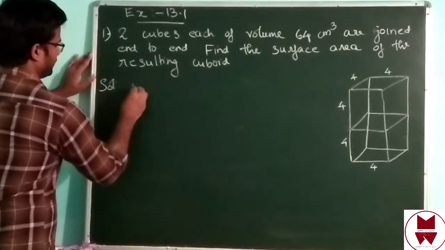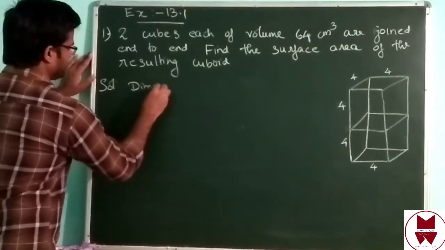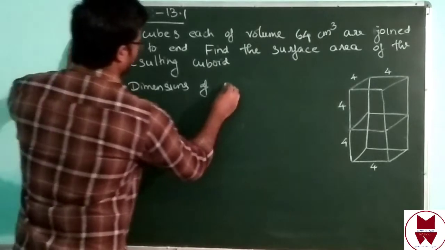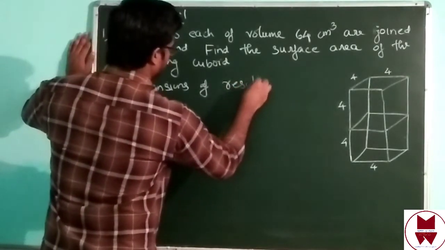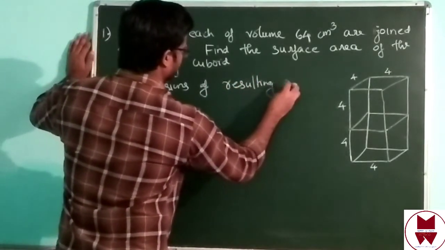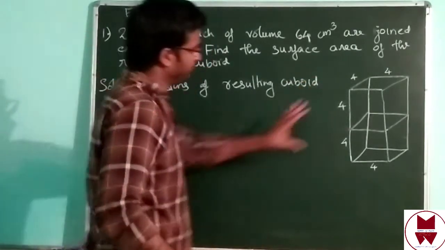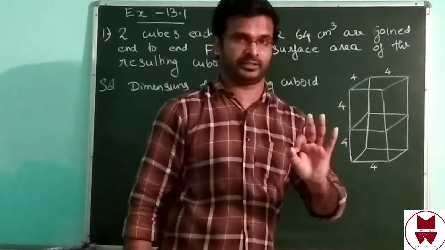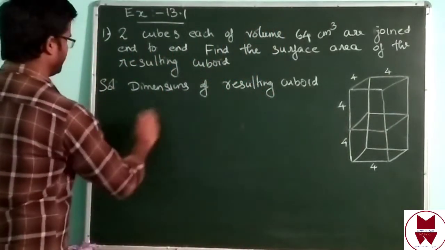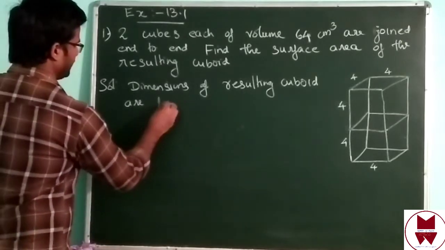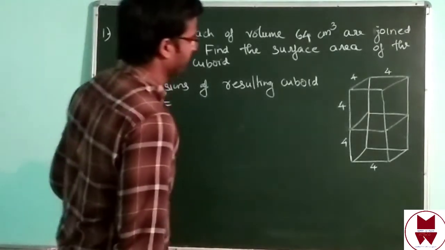Then we can write dimensions of the resulting cuboid. When you join 2 cubes, you will get 1 cuboid, isn't it? Then cuboid L equal to, in here, what is length?